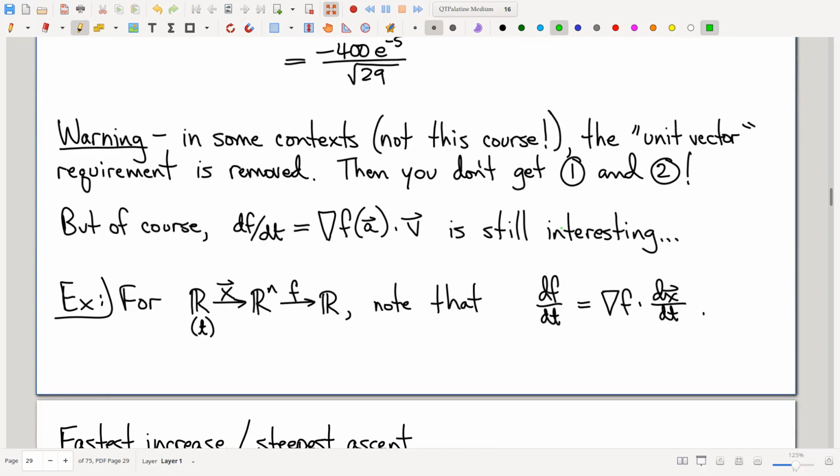And it's a very common different take. The different take is to remove the requirement that it be a unit vector. Now let's think that through, okay? Can you do that? Well, whoa, not with how we've described things so far.